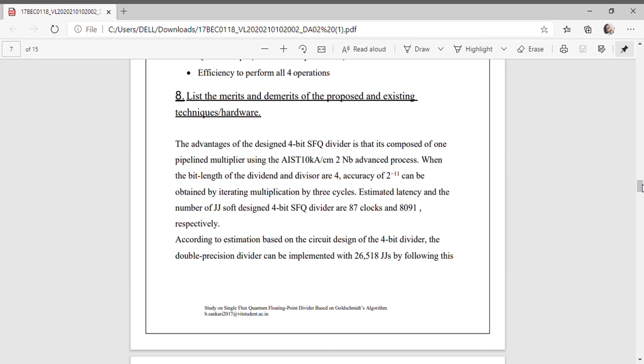So the advantage is that a 4-bit SFQ divider is composed of one pipeline multiplier, and when the bit length of divider and dividend are 4, accuracy of 2 power minus 11 can be obtained by iterating multiplication by 3 cycles. And for this whole design, the estimated latency and number of Josephson circuits required are very less.